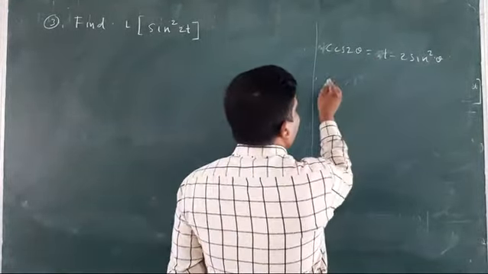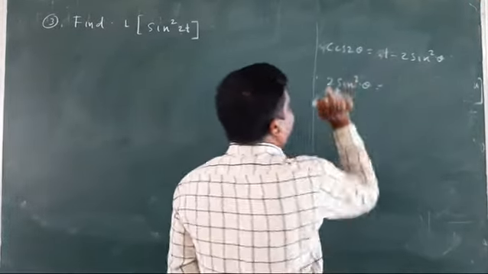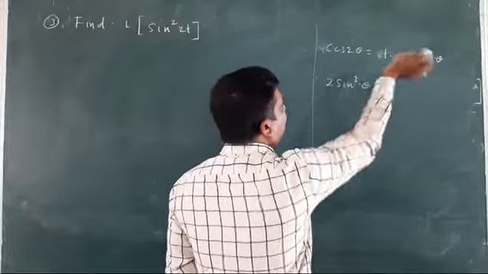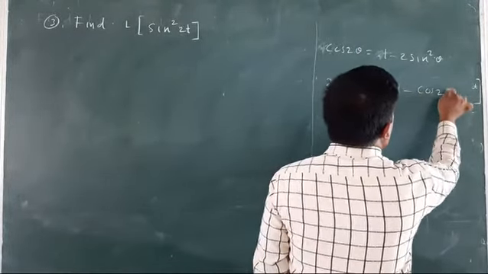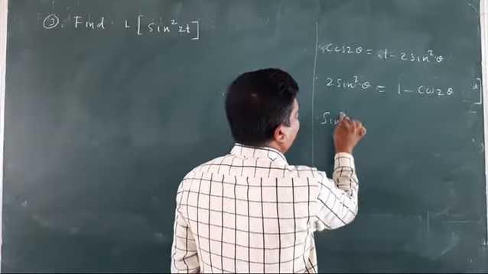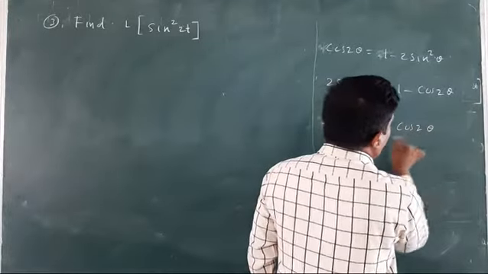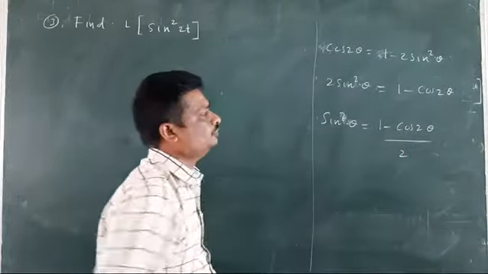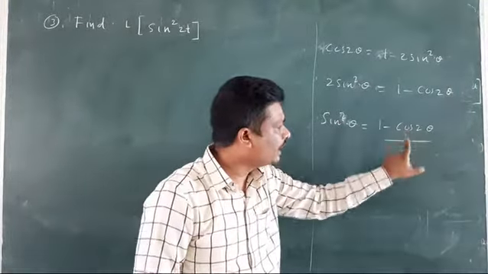Therefore 2 sin square theta, I will take this term to the LHS and I will take cos 2 theta to the RHS. This becomes 1 minus cos 2 theta. So therefore sin square theta is equal to 1 minus cos 2 theta divided by 2. So therefore sin square theta value is 1 minus cos 2 theta upon 2.